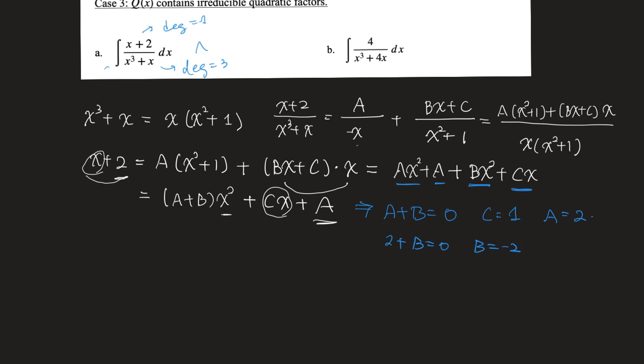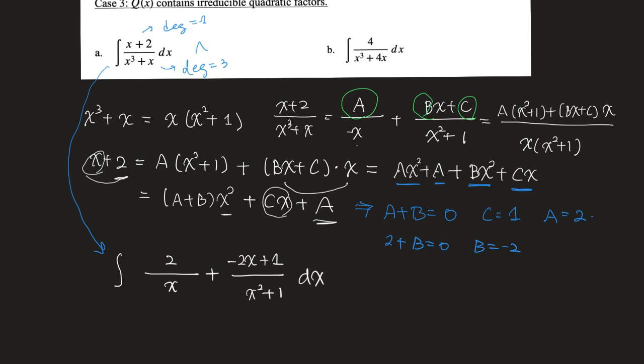So now I'm going to write the integral. A value is 2, B value is negative 2, C value is 1: integral of 2 over x plus negative 2x plus 1 over x squared plus 1 dx. Okay, guys.